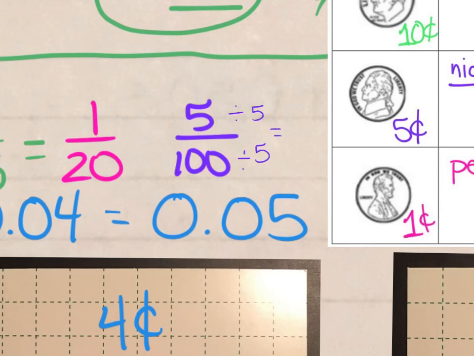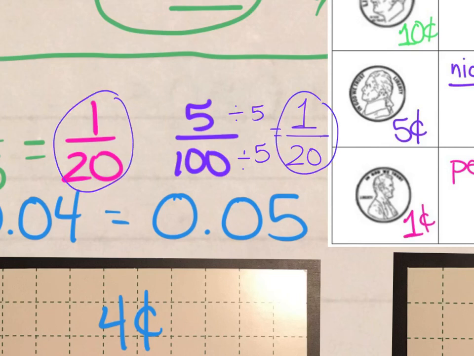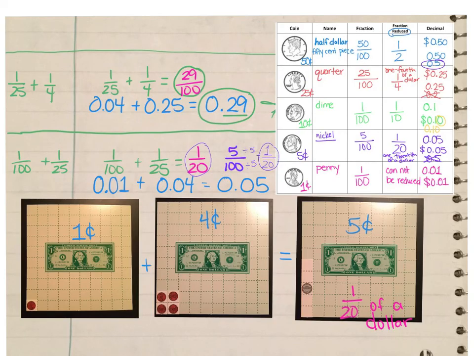And that would give me 5 divided by 5 is 1, and 100 divided by 5 is 20. So either way, we get our same answer, 1/20. Finish writing that down. Great job today, guys. You finished a really hard problem string, and I'm so proud of you.